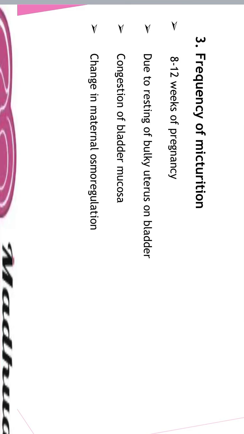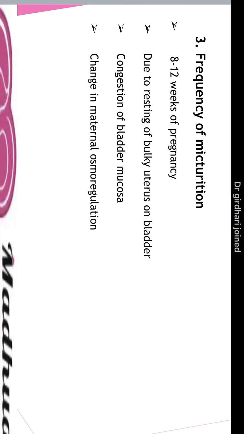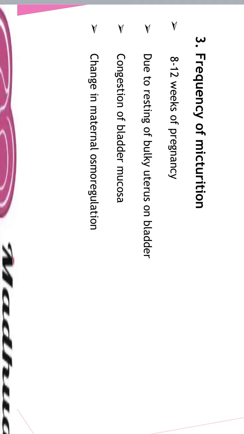There is congestion of bladder mucosa and change in maternal osmoregulation. Osmotic changes take place. So that's why the patient complains of polyuria, which is very common in the first trimester.